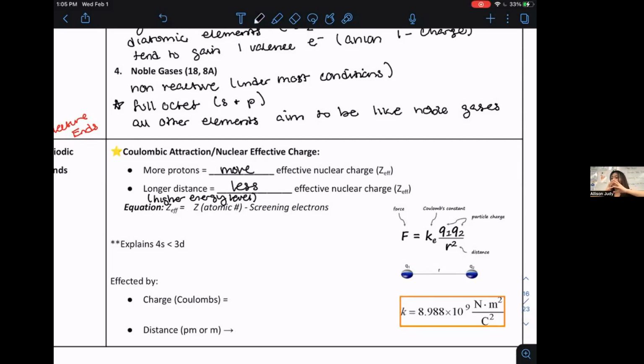That chunky nature blocks the 3d 10 potential electrons that are actually shaped like a 4-leaf clover that have to penetrate to get access to the nucleus. It blocks them from experiencing the positive charge of the nucleus. So that's why we see, relatively speaking, that the 3d orbital is slightly higher energy, farther away than the 4s, even though overall energy level 4 is still higher energy, farther away from the nucleus.